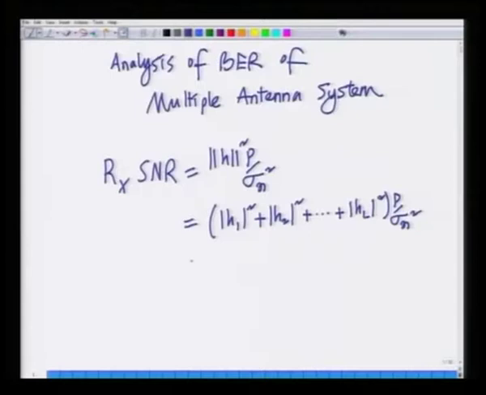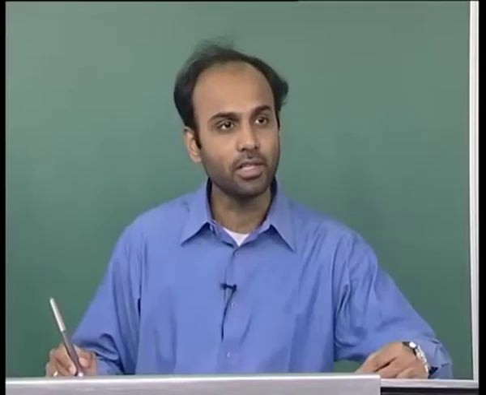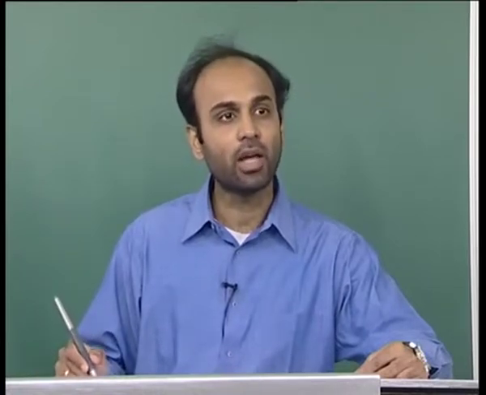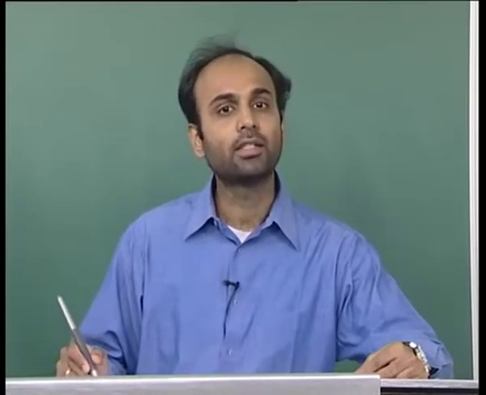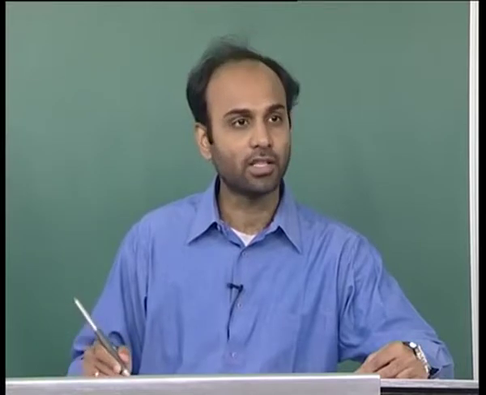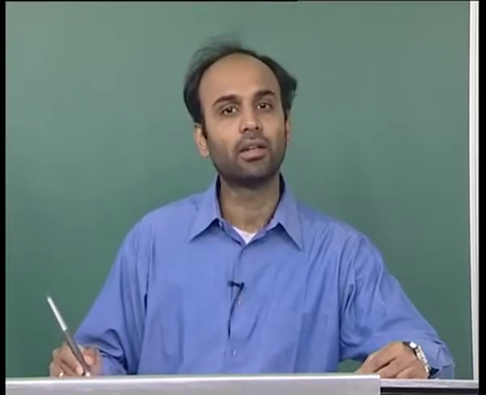That is, the received SNR at the output of the maximal ratio combiner is magnitude h 1 square plus magnitude h 2 square, so on up to magnitude h L square, times P over sigma n square, where each magnitude h i square is the square of the magnitude of the ith fading coefficient, which is the fading coefficient between the transmit antenna and the ith receive antenna.